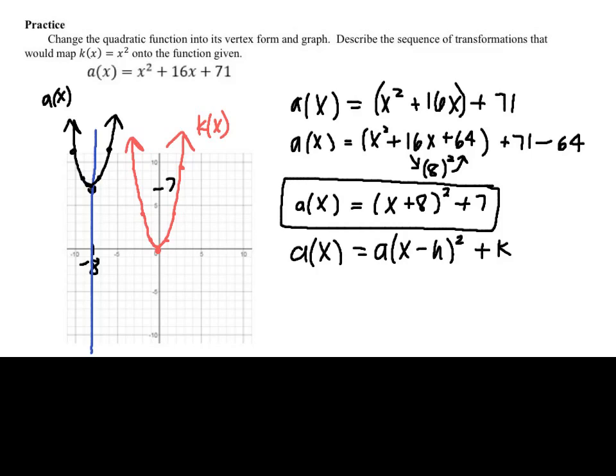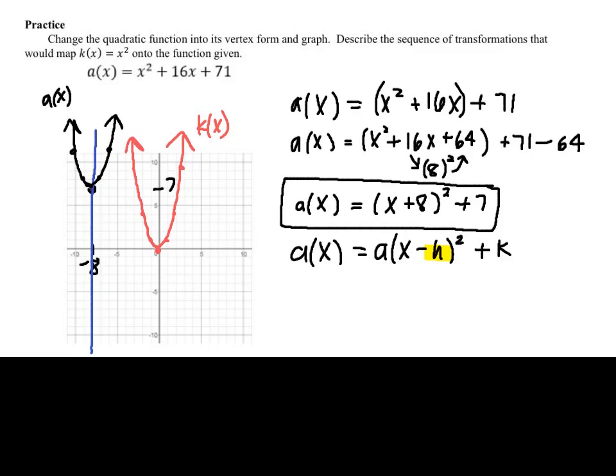It also tells you from the original parent function x squared, h will tell you how many units right or left your function is translated. And again, I'm hoping that this seems a little bit familiar. We did the same type of idea when we were translating an absolute value function. Again, it's the same idea.